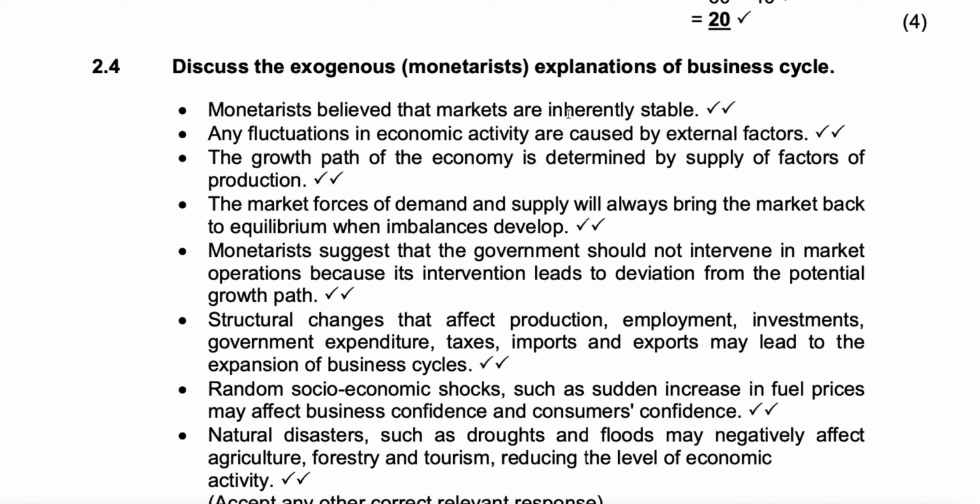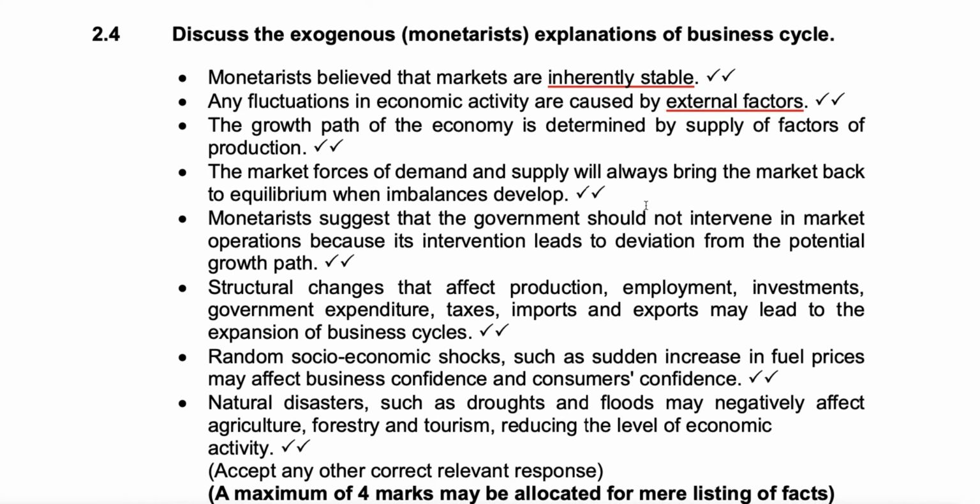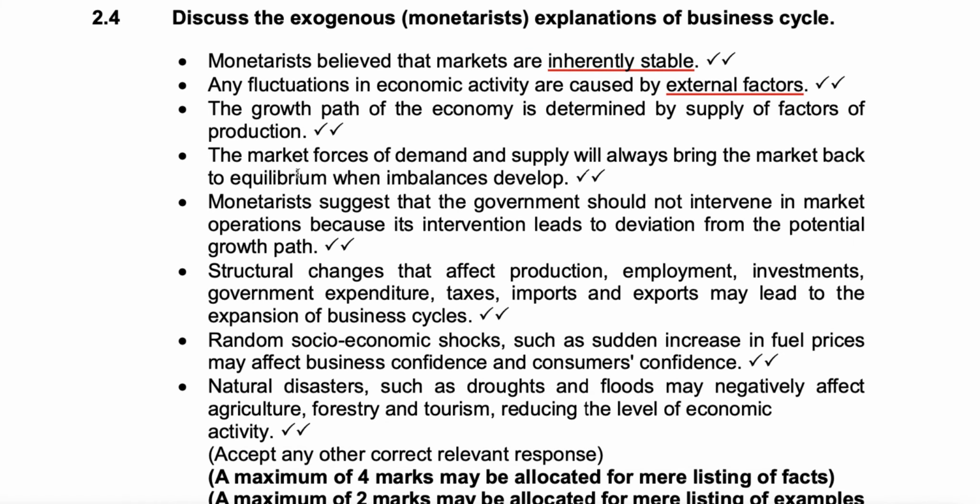Right. So monetarists believe that markets are inherently stable, like we said. Inherently means naturally. So any fluctuations in economic activities are caused by external factors. That's what they believe. The growth path in the economy is determined by supply of factors of production.